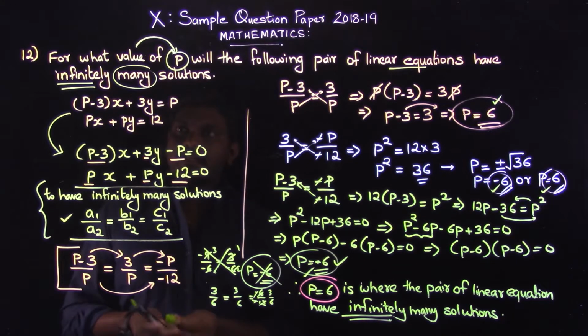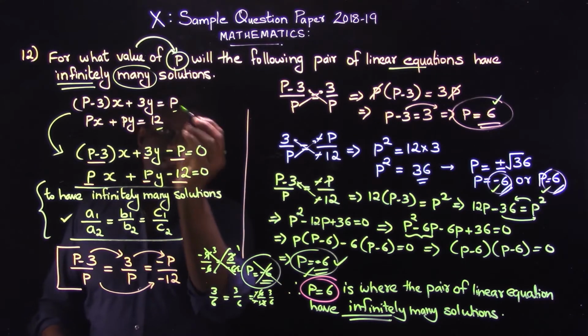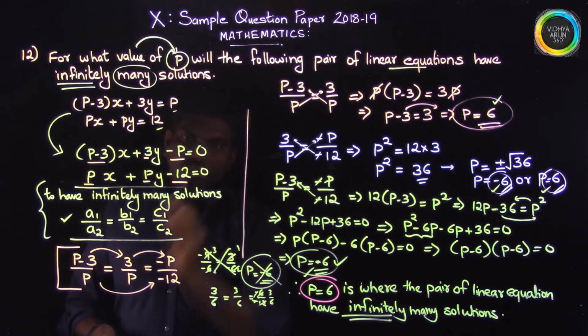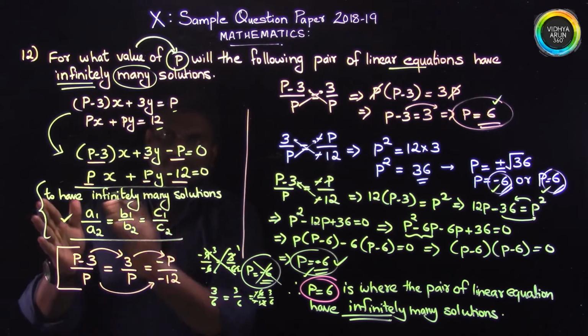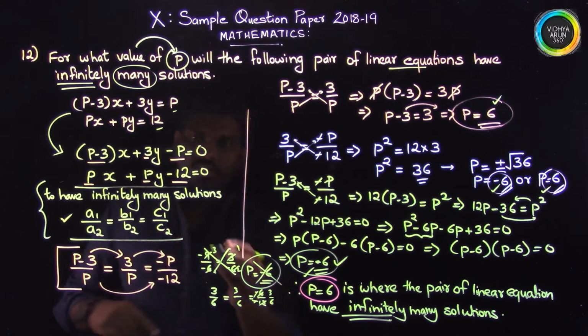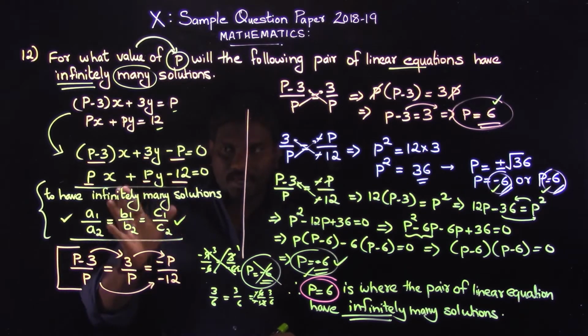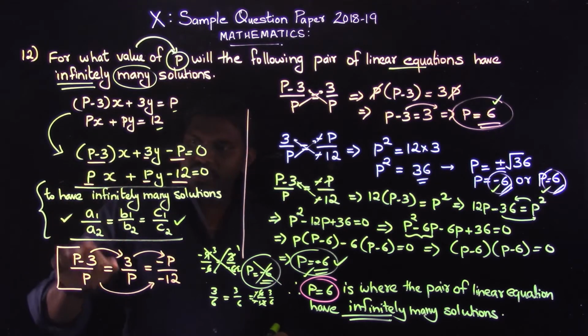So what we did here is we just took these two things to a side, then we know that if you are getting infinitely many solutions, this is the criteria which you need to satisfy. You need to keep this in your mind: a1 by a2 is equal to b1 by b2 is equal to c1 by c2. Then according to the equation we will get a1, a2, b1, b2, c1, c2.